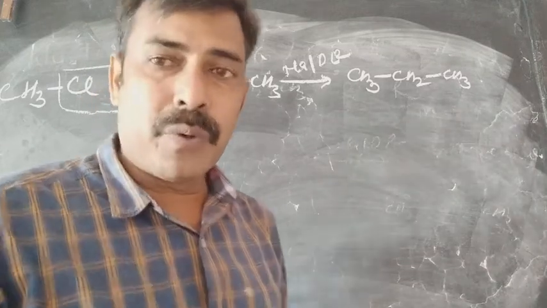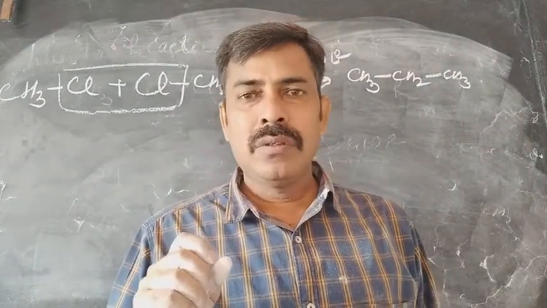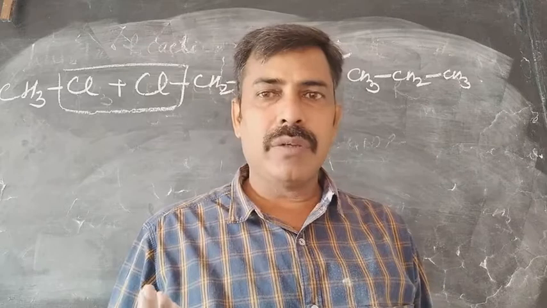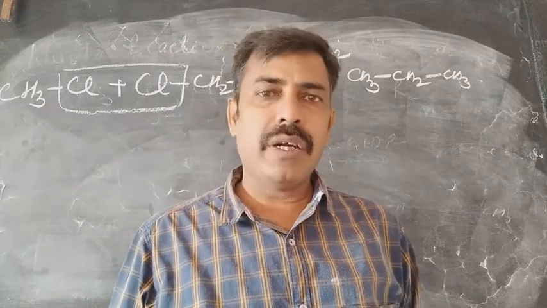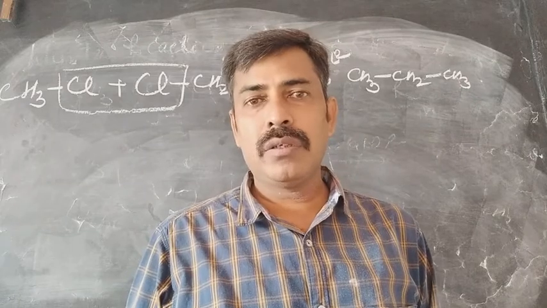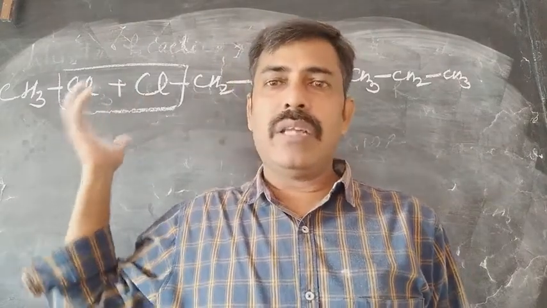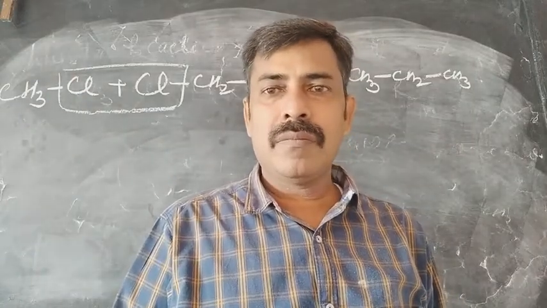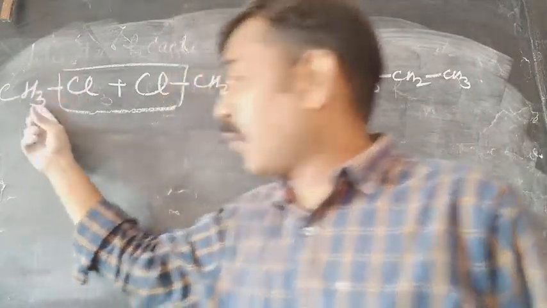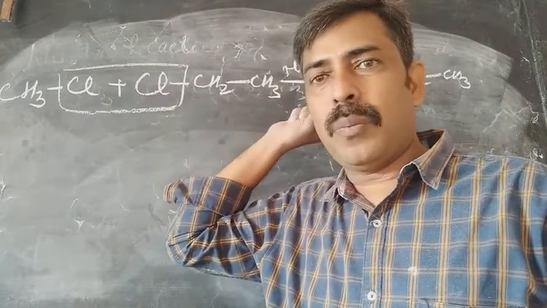But when you proceed with a reaction, is it possible to take a single molecule? Surely not. You can't take a single molecule, so you will take more than a single molecule, and then what will be the condition? The chloromethane can combine with chloroethane, and the product will be propane.